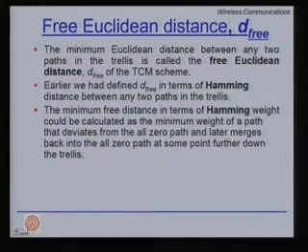So, you go through the various pairs of paths in the trellis, and that pair which gives you the minimum Euclidean distance is the d free for trellis coded modulation. Just like free Hamming distance tells how good your trellis code is, similarly free Euclidean distance tells you how good your trellis coded modulation is. Fine.